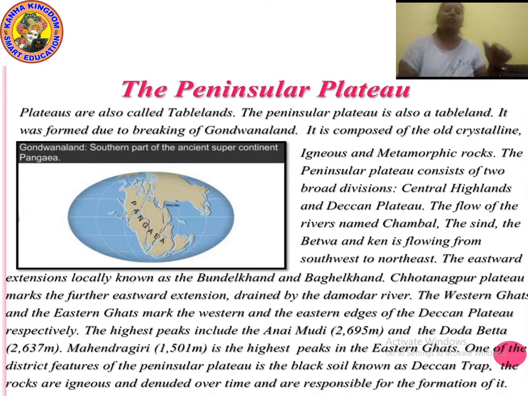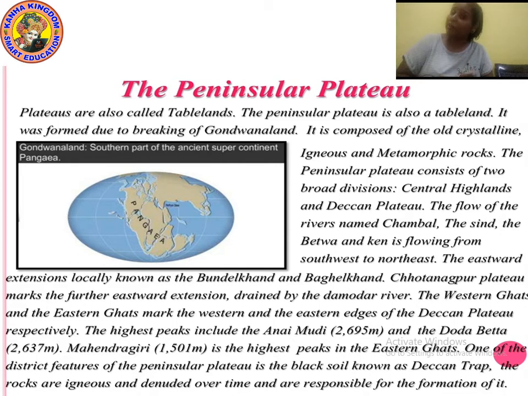The rocks of these regions are igneous and denuded over time, and are responsible for the formation of what? The formation of the black soil. The igneous rocks are found in huge quantity, and these rocks are mainly responsible for the formation of black soil, which is usually found in the Peninsular Plateau.